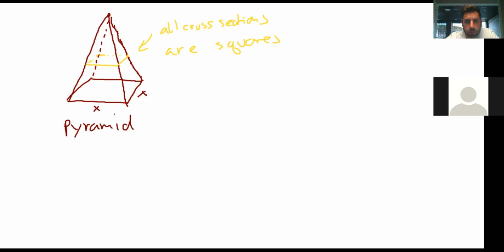So what do these pictures suggest? Well, they suggest the following analogy of what we've done in the past.